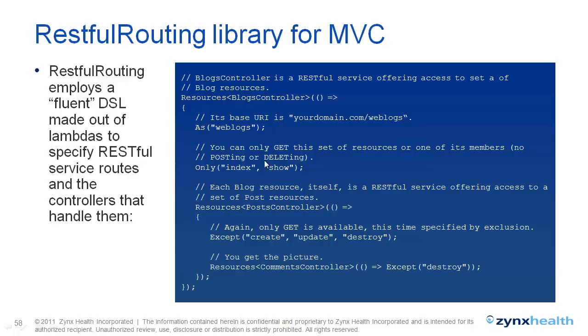Within each blog, there is a set of posts. You see how this relates to the URL examples that we were talking about earlier in RESTful Web Interface Design. So, for each post, or for the set of posts, I should say, the operations that are supported are all the operations except these. So you see, you can do it by inclusion or by exclusion, declare the operations supported by a resource or set of resources.